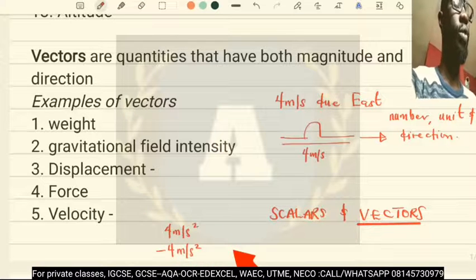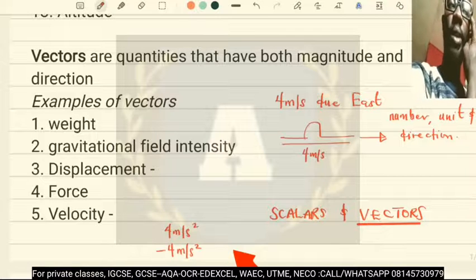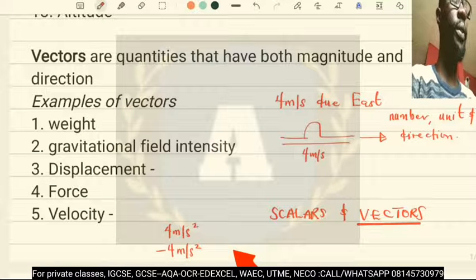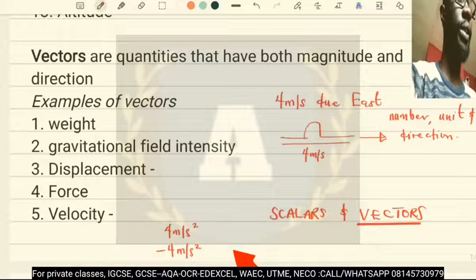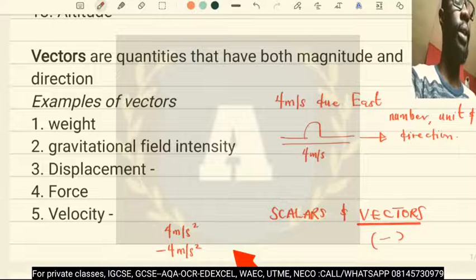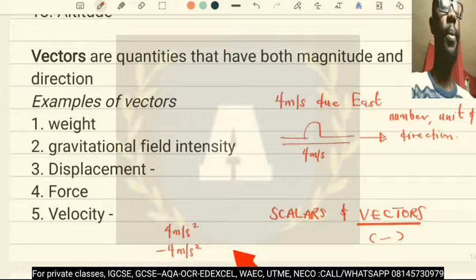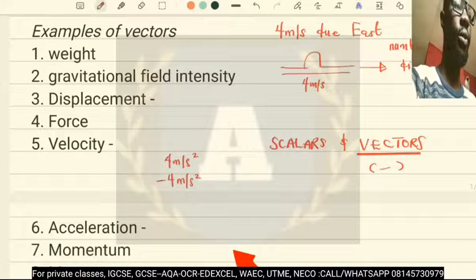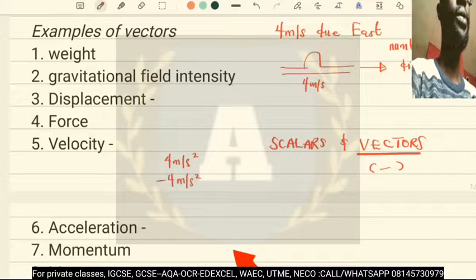Vector quantity can take minus. I'm not saying that they are always having a negative value, but if it is possible for a quantity in physics to have negative values, just know that such quantity is a vector. That's another idea which we can use to distinguish between scalars and vectors.